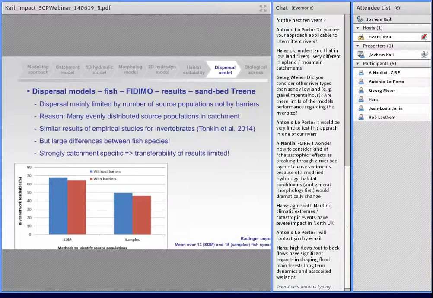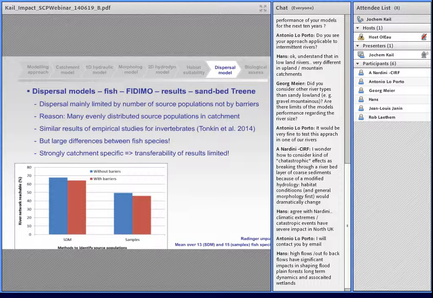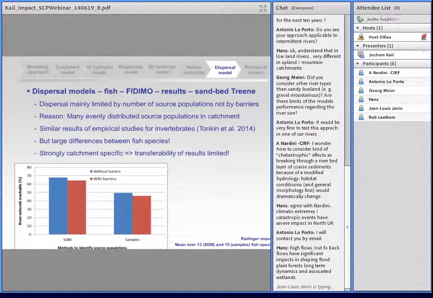This refers to the migration that fish do over a few kilometers. So it might be different if you are more interested in the migration of the fish to the sea and back.